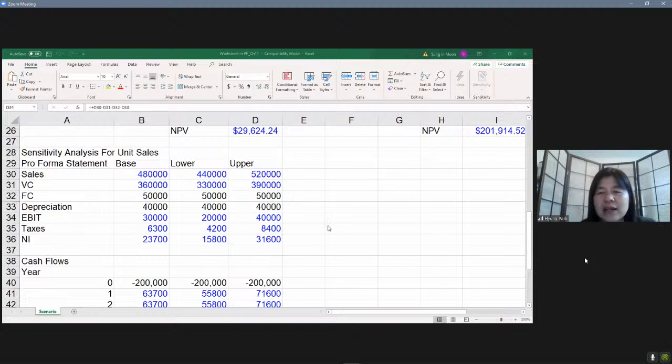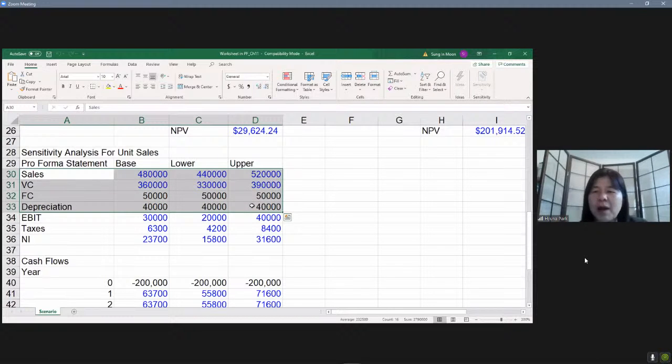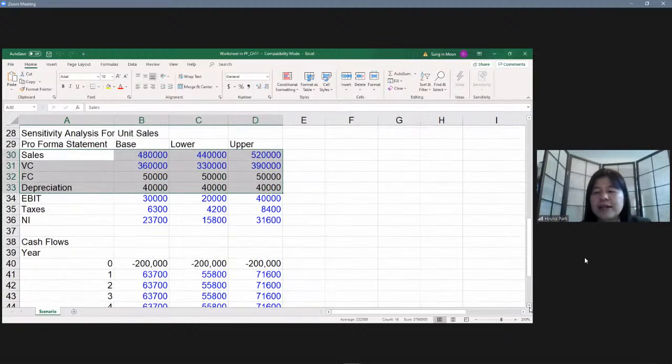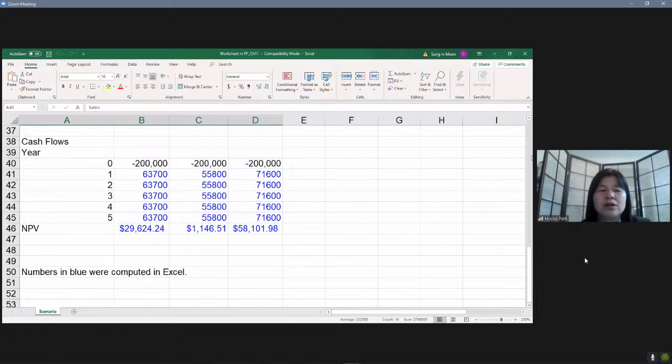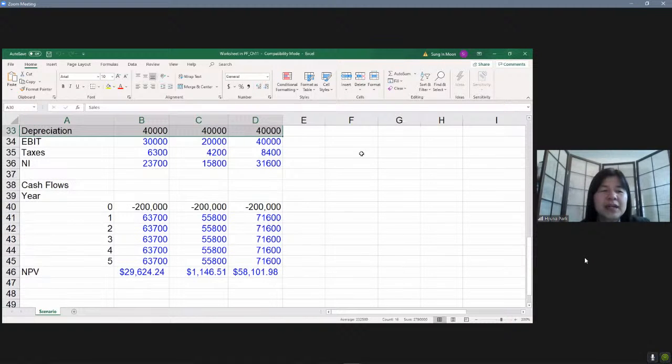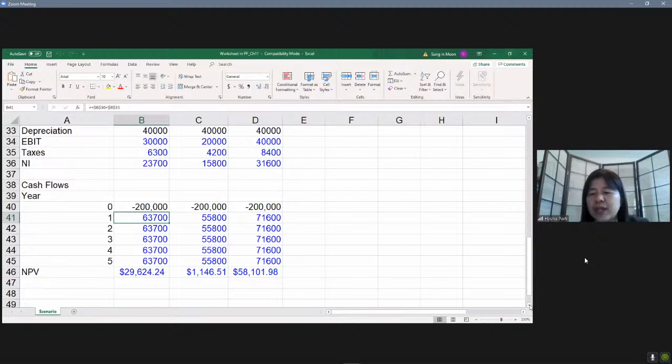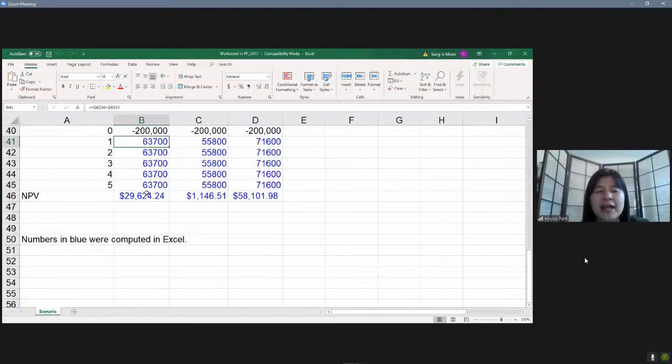So once you can figure out how to find inputs for the sensitivity analysis, lower bound, upper bound, the rest of the NPV calculation is straightforward. You can calculate EBIT and net income and operating cash flow and use those numbers to calculate cash flow from assets, and you can calculate NPV.